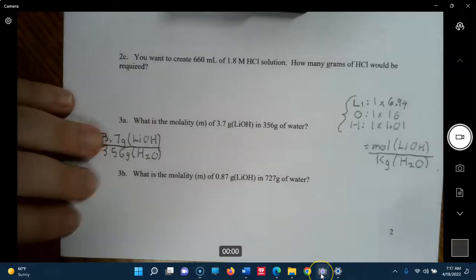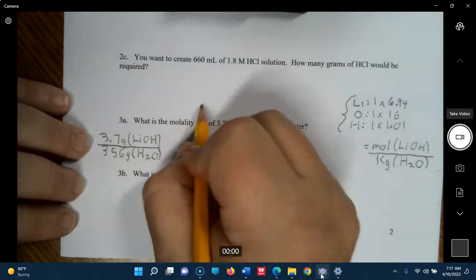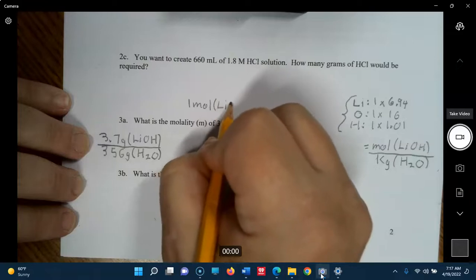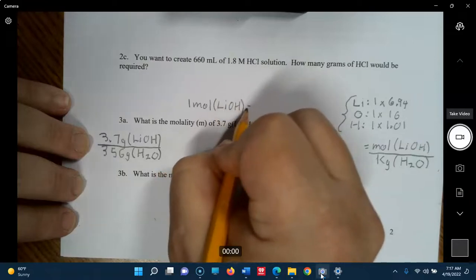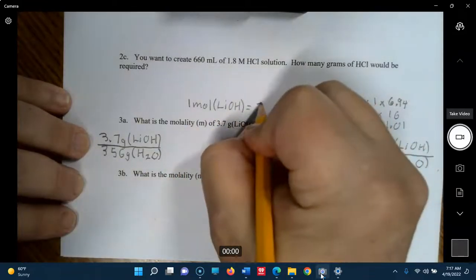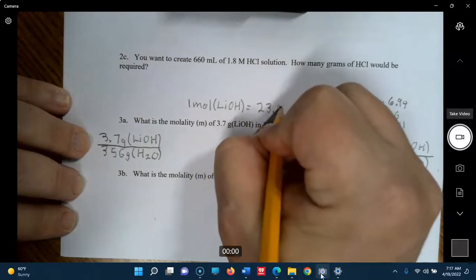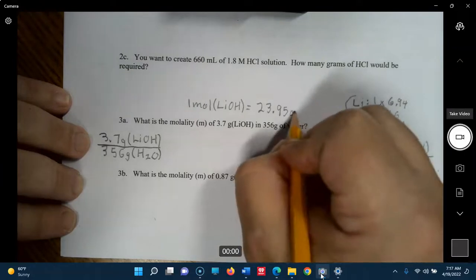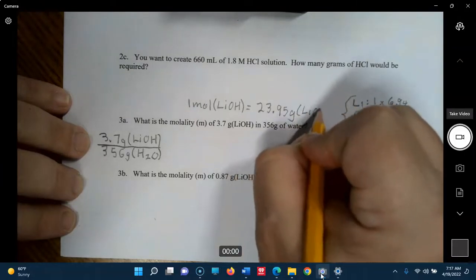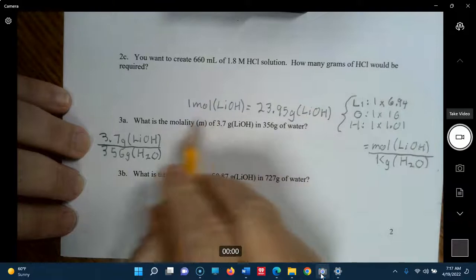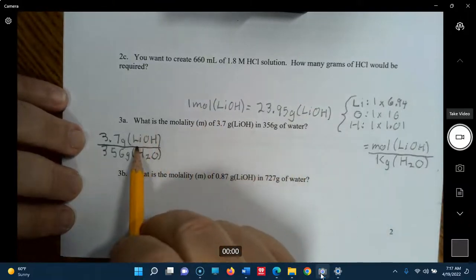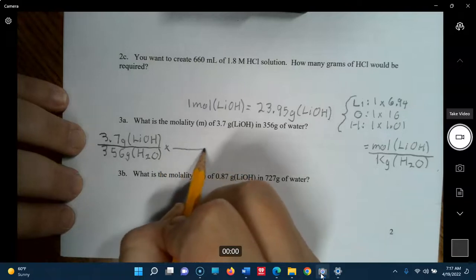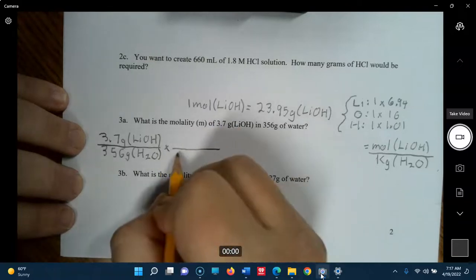And we got 1 mole, that all adds up to 23.95. Okay, there's your equivalency. So you need grams to cancel out. So in the next conversion, and we're working on the top first, we're going to put grams on the bottom.